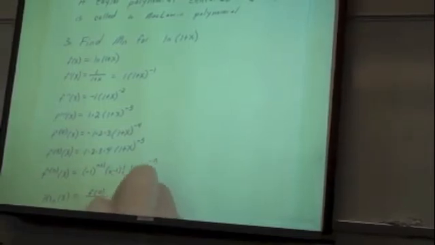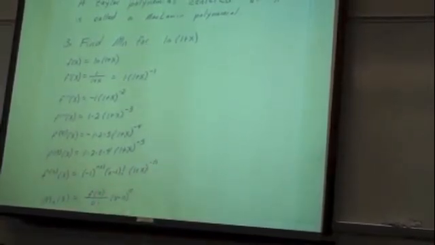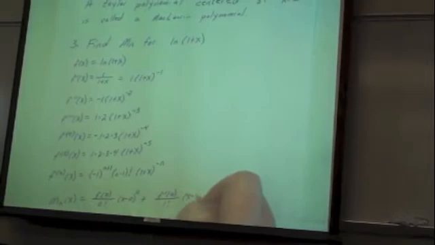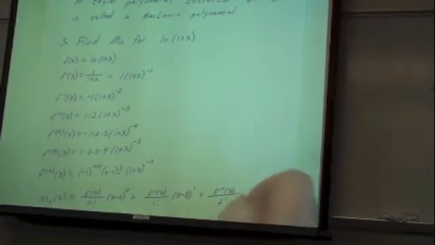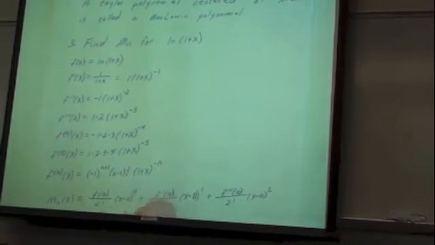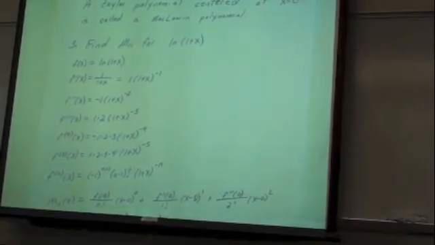So my first term is going to be f of 0 divided by 0 factorial times x minus 0 to the 0 power, plus f prime evaluated at 0 divided by 1 factorial times x minus 0 to the first, plus the second derivative evaluated at 0 divided by 2 factorial times x minus 0 squared, plus, I'll do one more and then we'll say etc., etc., the third derivative evaluated at 0 divided by 3 factorial times x minus 0 cubed.